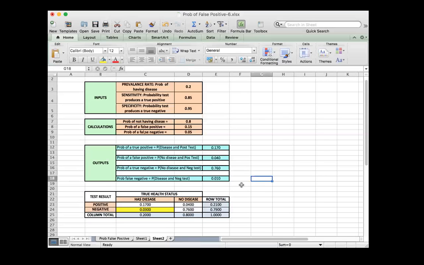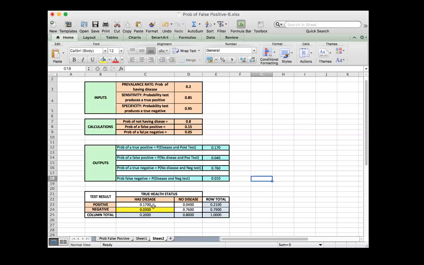And then the question, what was that question you have? If you have cancer, you have the disease, given that you have a positive test, what's the probability? So that would be 0.17.